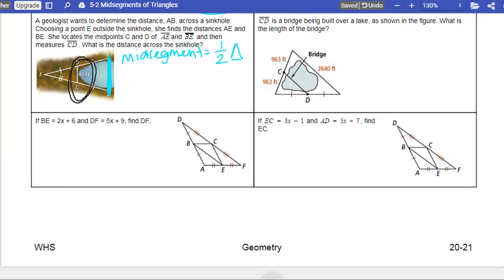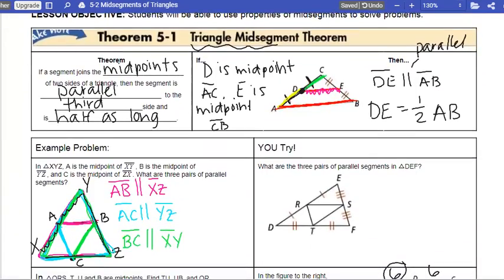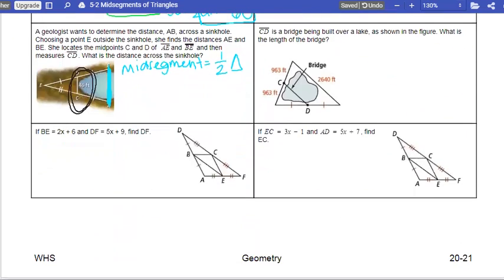Let's go back up here and look. The mid-segment is half as long as AB. So our mid-segment was 46 equals half as long as the side of our triangle, which was AB.